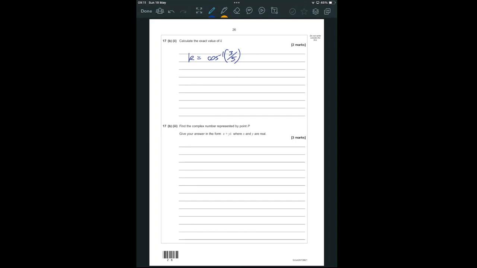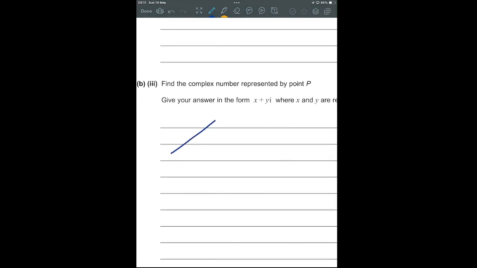Find the complex number represented by P. Okay, so now we need to actually create the P. So the P is there, the angle there was K, and we've worked out the modulus is 4. So we need to find the x and the y coordinates.